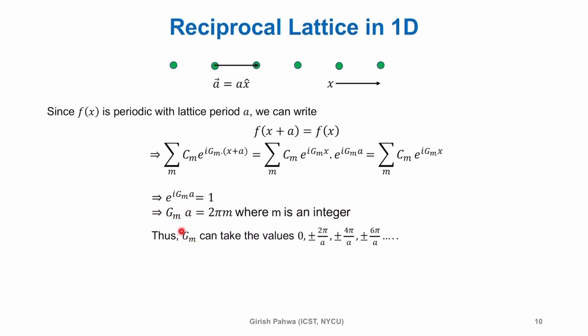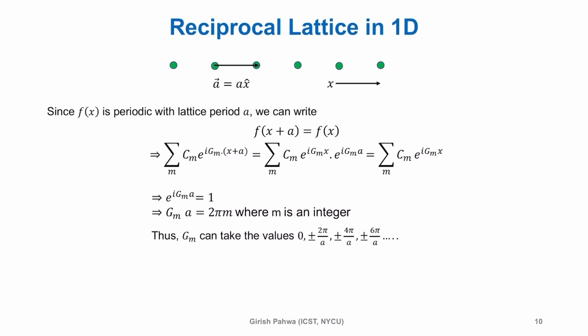The set of all the points of Gm is basically the reciprocal lattice. Now let me make another fictitious geometrical lattice and let me put all of these points in an array. How will I arrange these points? So there is a 0, and then let me put 2 pi by a, minus 2 pi by a, 4 pi by a, minus 4 pi by a, and let me arrange all of these points.